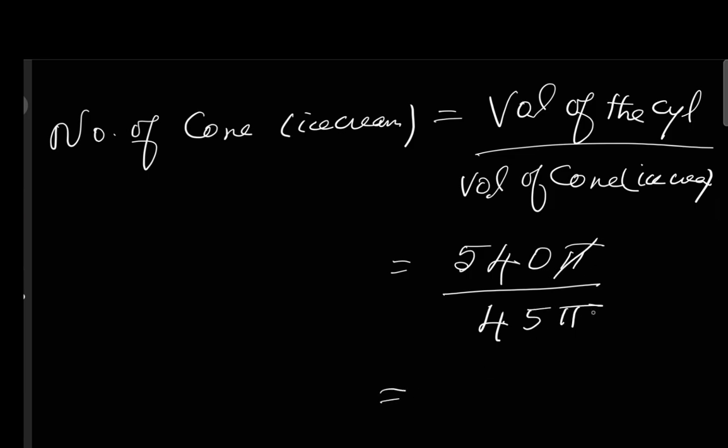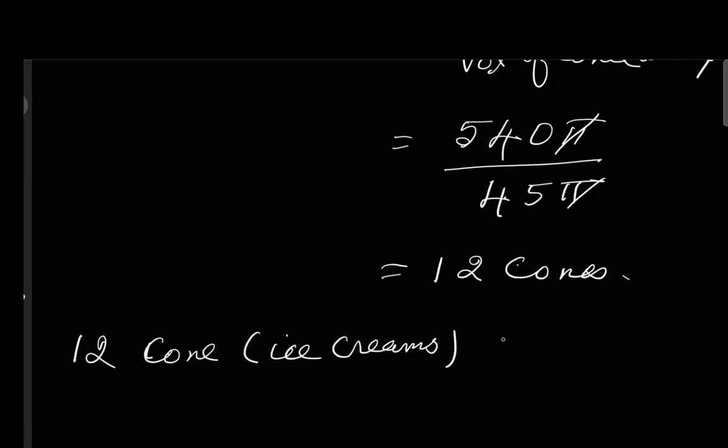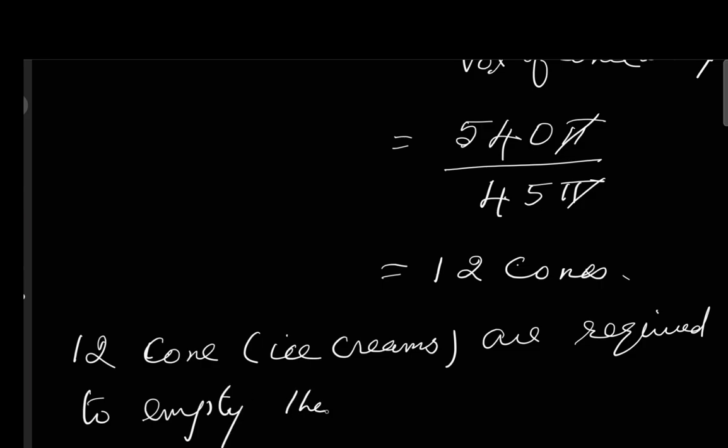So pi cancel here, and then 45 goes here one time, remainder 9, carry over, 9 two times. So 12 cones. So the number of cones is 12. So 12 ice cream cones are required to empty the cylindrical container.